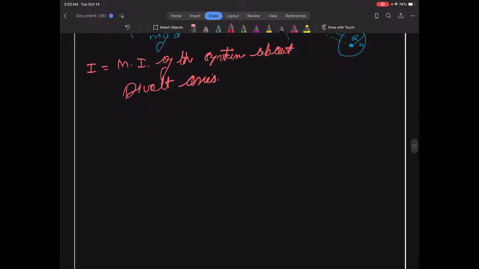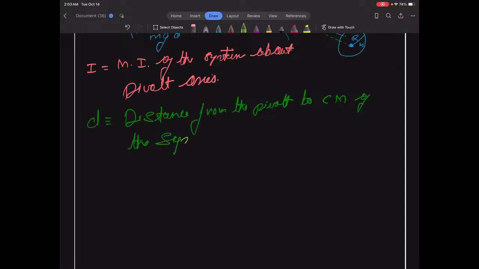And we have our d, and that d is our distance from the pivot to the center of mass of the system. Let us solve the question, then we come to the derivation.